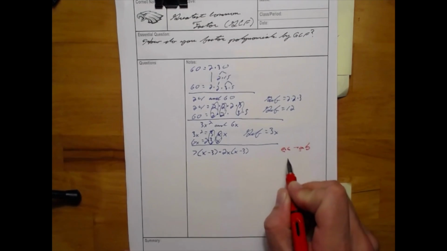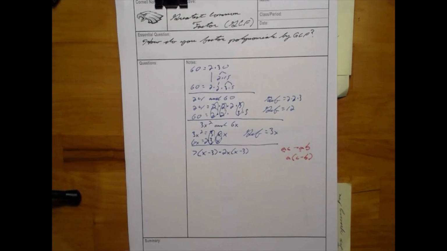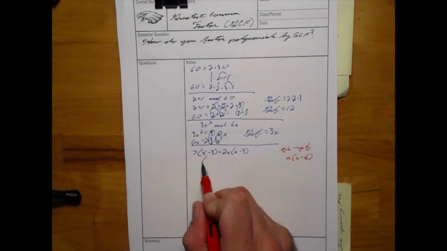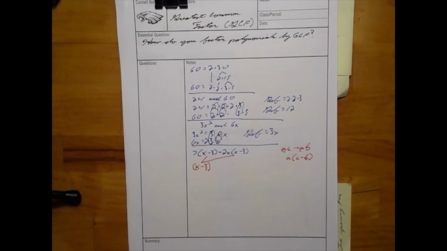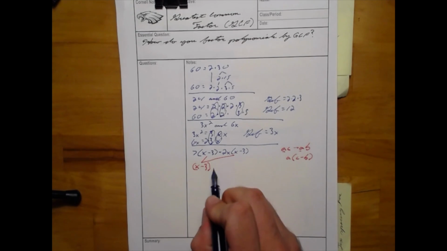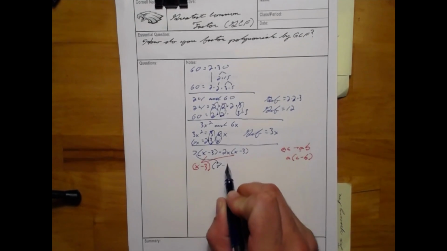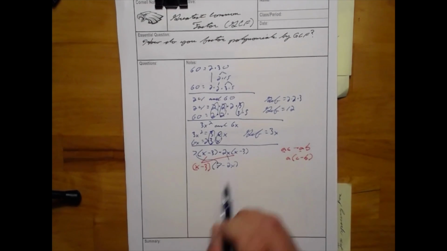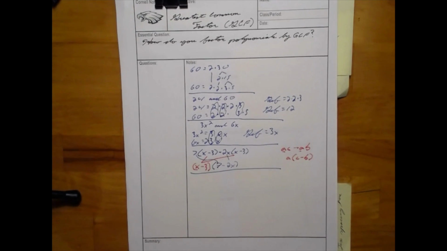I could take out those a's and be left with a times c minus b. So what I'm going to do is bring down that x minus 3 that they both have in common. Having brought those out, I'm going to be left with times 7 minus 2x. So all I'm doing is taking that factoring one little step farther.